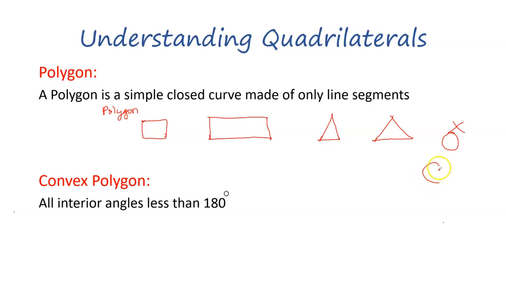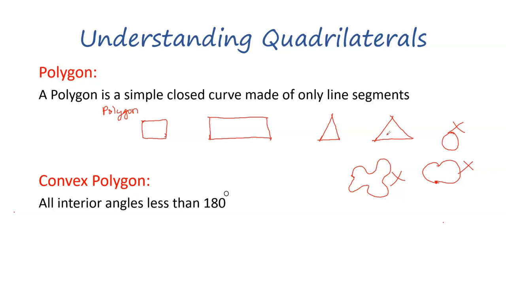If I have a curve-like structure like this, it is closed but it is not a polygon because I have a curve. You can draw differently like this too. It is a simple closed curve, but it is not a polygon. Whenever you are drawing a shape with only line segments, I can say that it is a polygon, and that too it should be a simple closed curve.